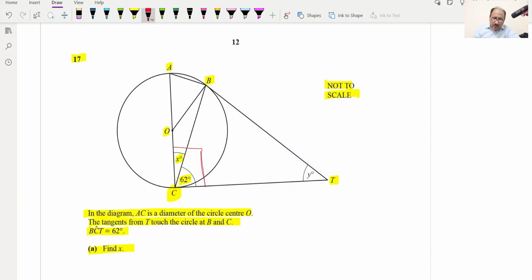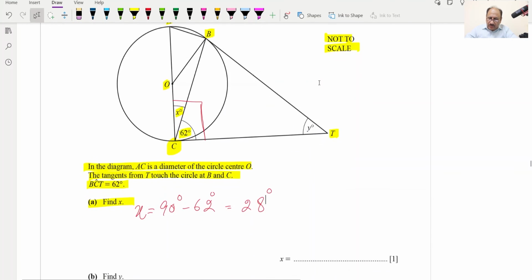So 90 degrees minus 62, this will be our x value, and this will be, how much, 62 plus 8 will be 70, so 28. So 28 will be the answer for this part, which we can provide over here. This is a 1 mark part.